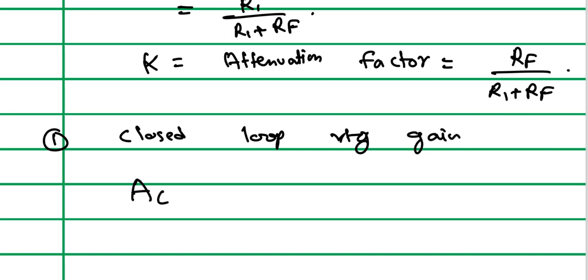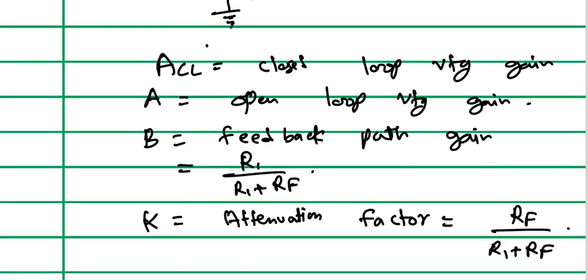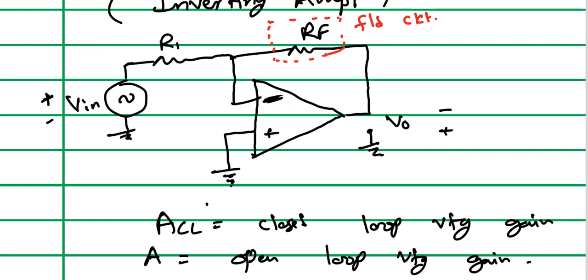So ACL is the closed loop voltage gain, ACL equal to minus. Why is this minus sign coming? Because our input signal is applied to the negative terminal of op-amp. That's why the gain is negative for this network.